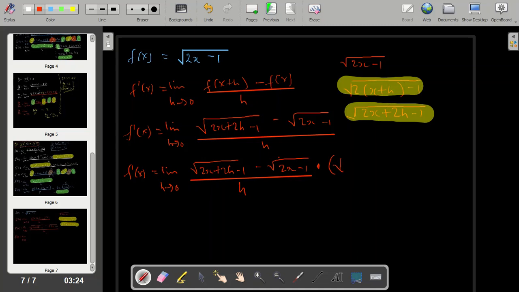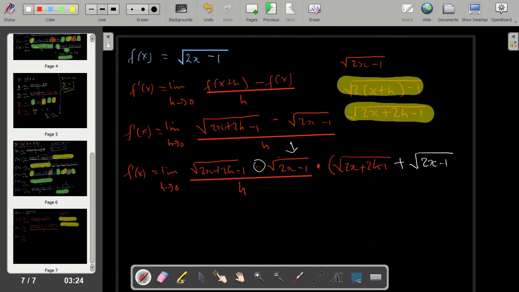So this is going to be the root of 2x plus 2h minus 1. Then since it's minus here, we're going to say plus the root of 2x minus 1, which is this part here.